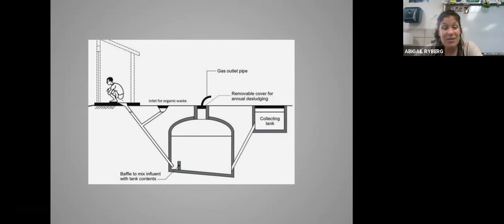The problem is these tanks sometimes are literally not lined at all. So it's just like a big pit underground where human waste is directed. So it's better than going directly in the waterway, but oftentimes it just seeps into the groundwater anyways, right?